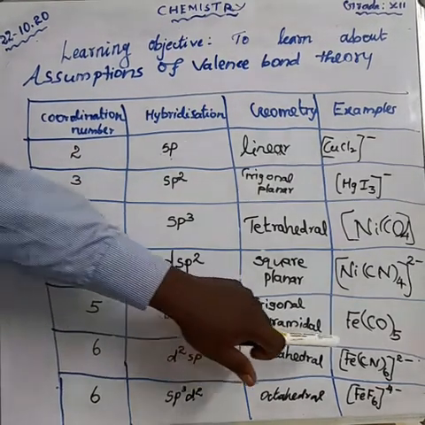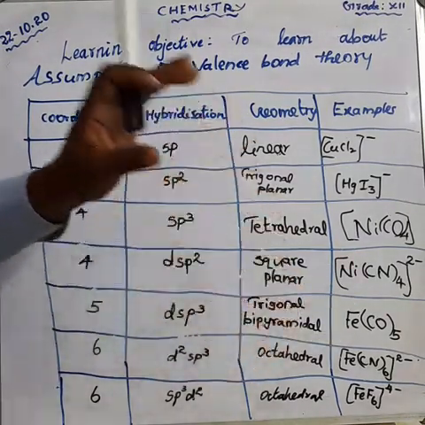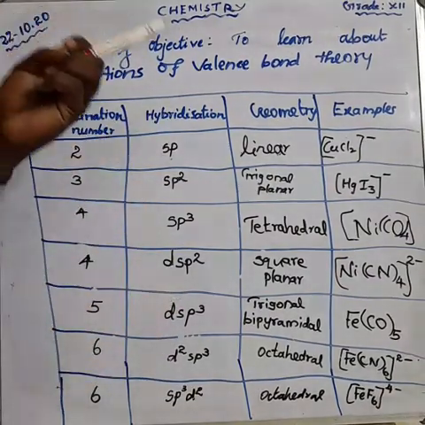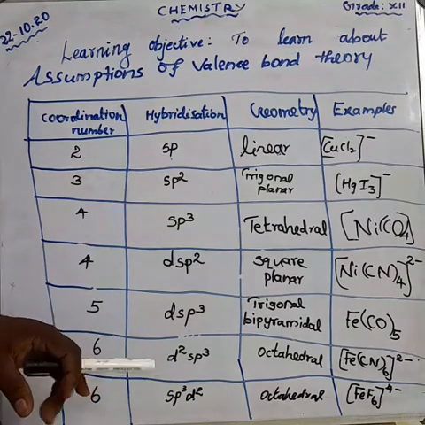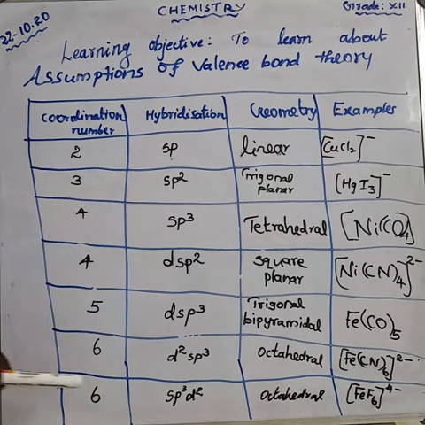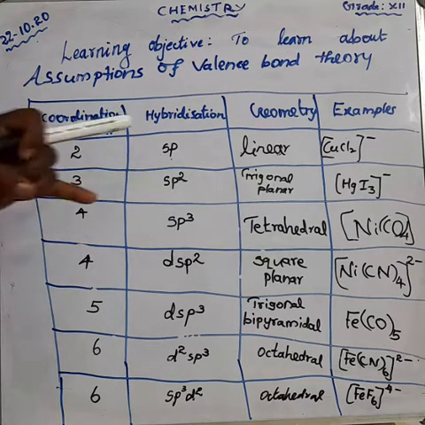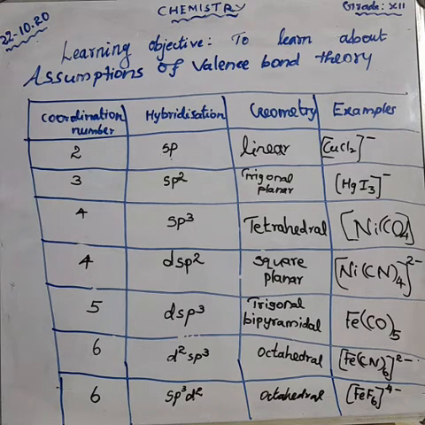And the outer orbital complex is also called high spin complex, or spin free complex.